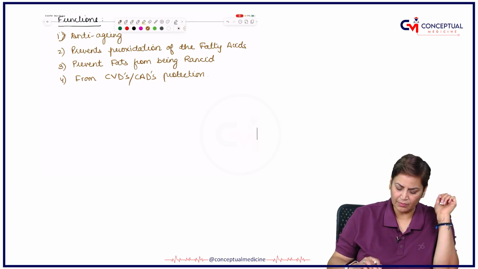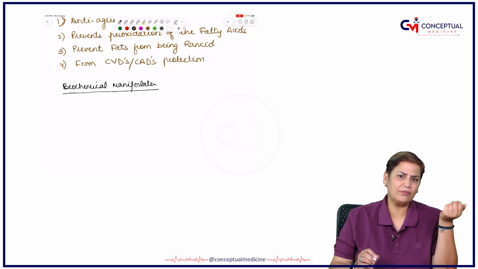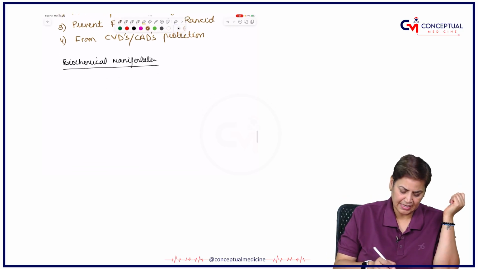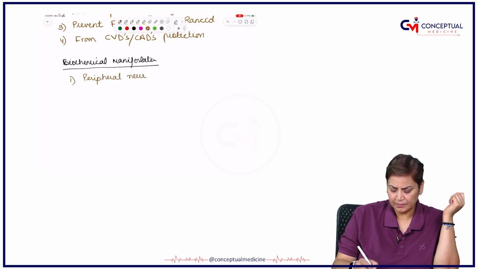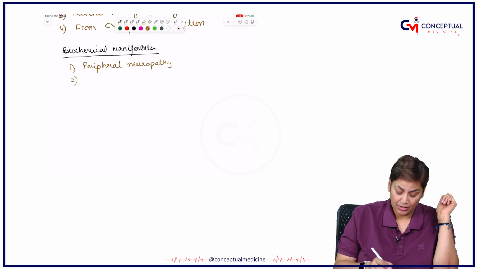Then if we talk about the biochemical manifestations, since it is used as an antioxidant, there are so many features which can be due to its deficiency. It can lead to peripheral neuropathy, right. Then it can lead to hemolytic anemia also.